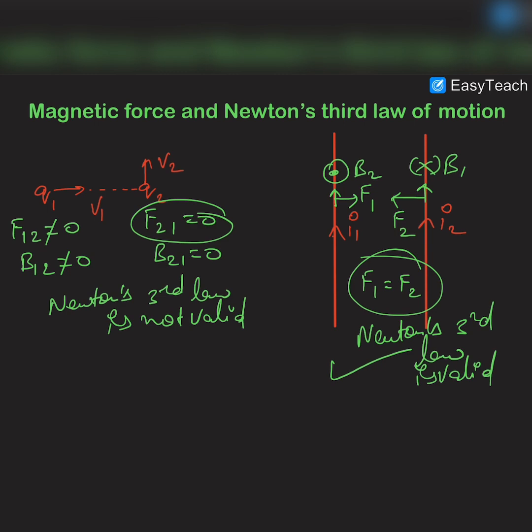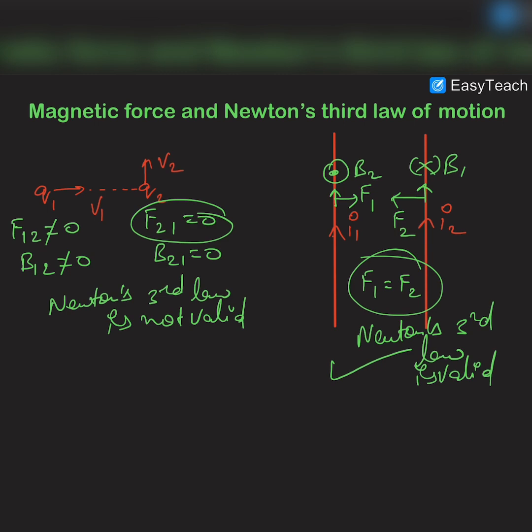Okay, so the conclusion of this video is that if we apply Newton's third law or any law of conservation of momentum or angular momentum, then we should apply it for total electromagnetic forces and not just for magnetic force or electric force.